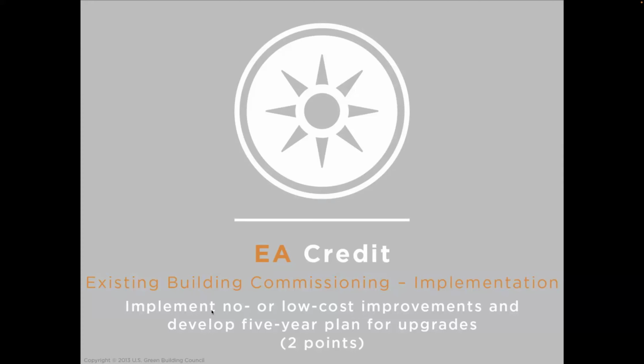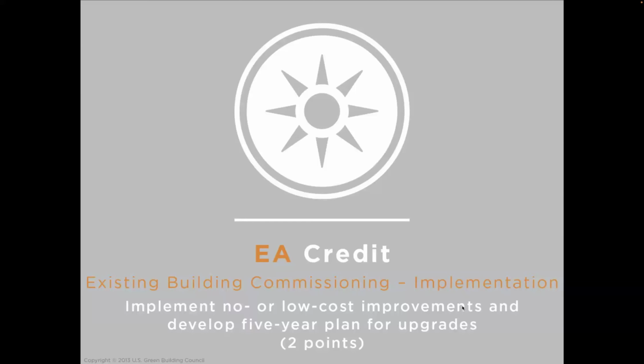They define what a no or low cost one is. In this particular case, I think it's up to the program team to define what no or low cost improvements are. No cost is obvious, but low cost may be, hey, $1,000 or less. So the program team defines what that is, and once they define that, then they have to implement those plans.